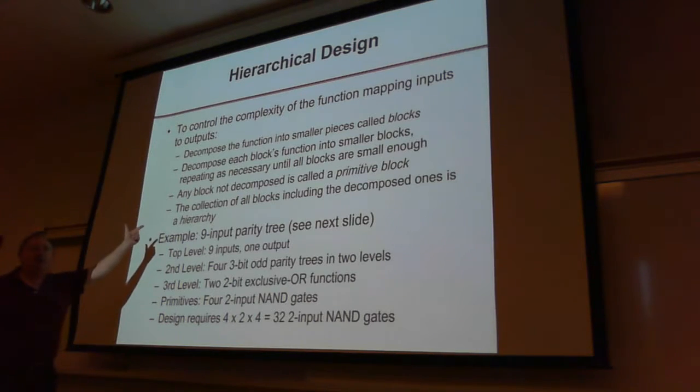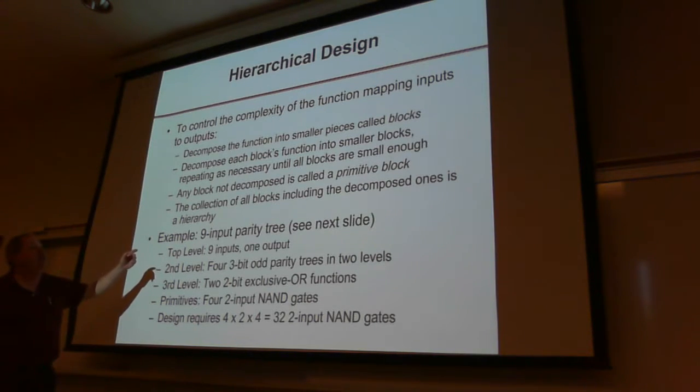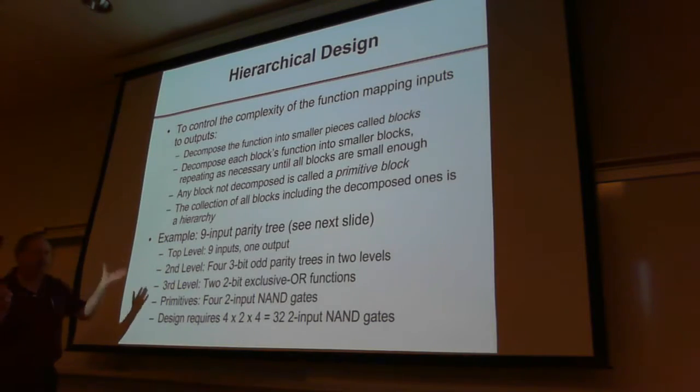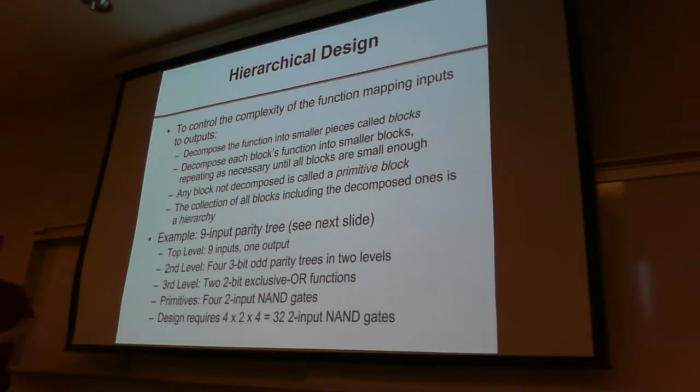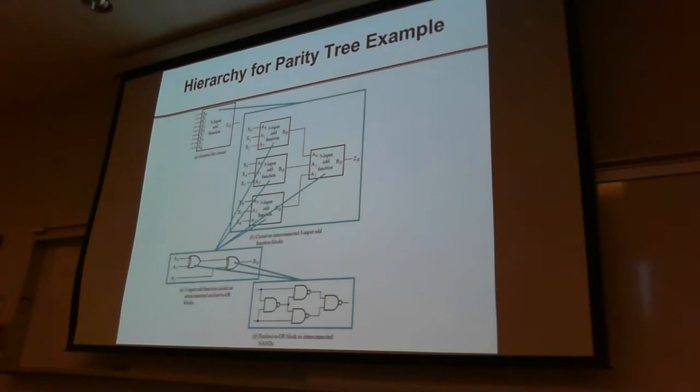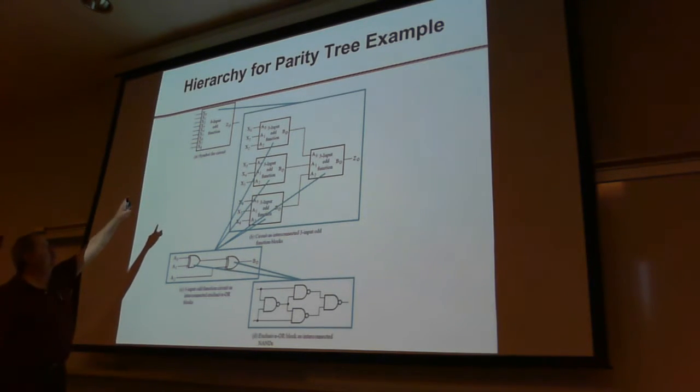Okay, to get a good visual picture and something we can talk to visually, we have an example looking at what's called a 9-input parity tree. All right, so jumping right into this parity tree here, you can see at the top is that 9-input combinational circuit.